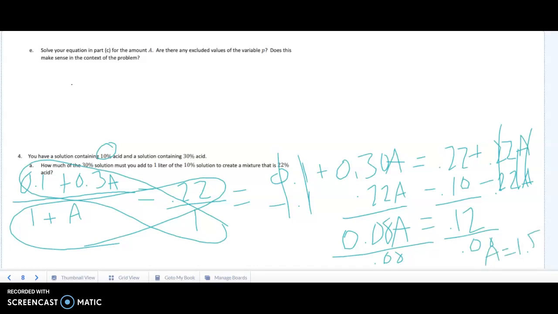That means we're adding 1.5 liters. Oh, you can't read that. So 1.5 liters of the 30% solution of acid has to be added to the 10% solution to get a 22% solution.